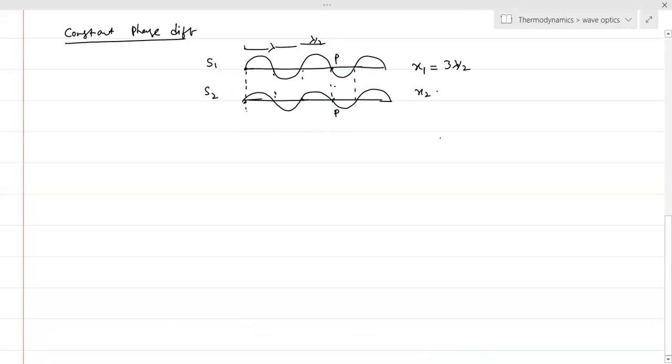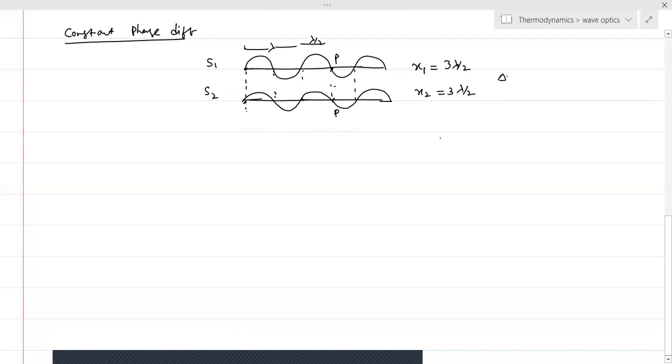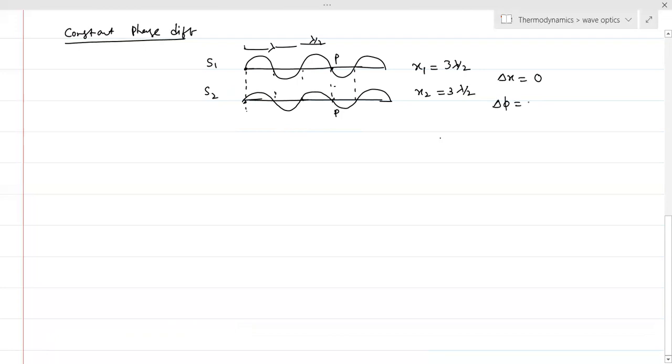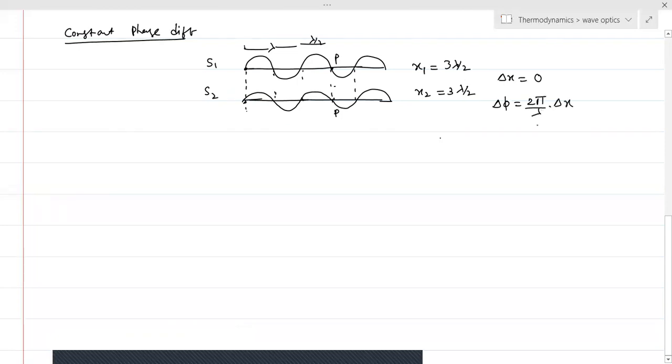Here also the path length is 3 lambda by 2. So the path difference x2 minus x1 is 0. And for the phase difference, we write 2 pi by lambda times the path difference, which is equivalent to 0.